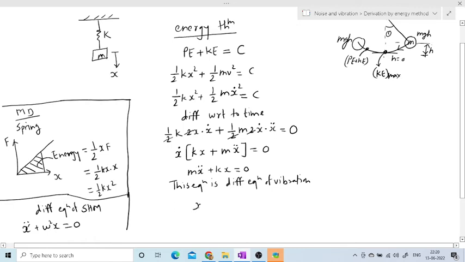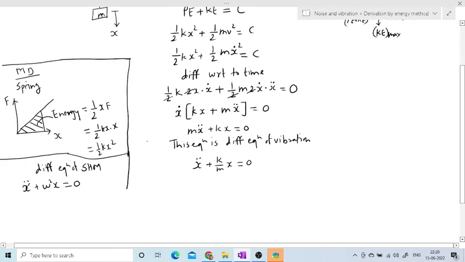This equation will become x double dot plus k by m into x is equal to 0. I have divided by m throughout this equation, so m will get cancelled, here k by m and 0 by m. Now compare with the differential equation of SHM, because the vibratory motion is with the SHM.